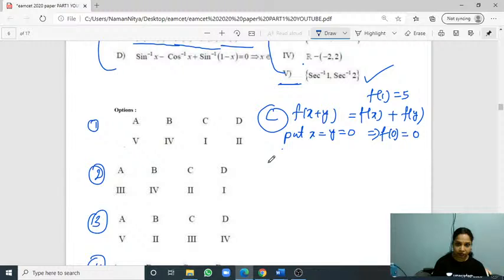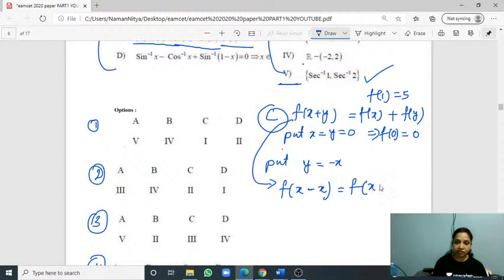After this, you just put y equal to minus x in your given question. If I am putting y equal to minus x, what will I get? I'll get f of x, in place of y I have to put minus x, so f of x minus x equal to f of x plus f of minus x. So what I am getting? f of 0 equal to f of x plus f of minus x. We know f of 0 is 0.